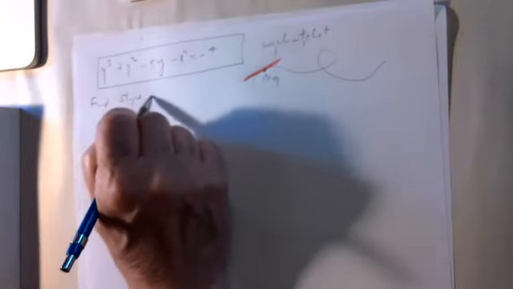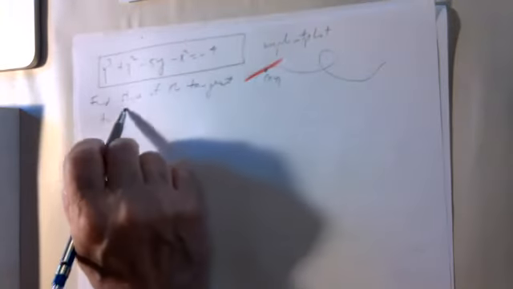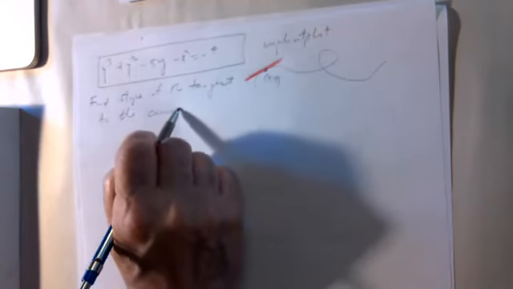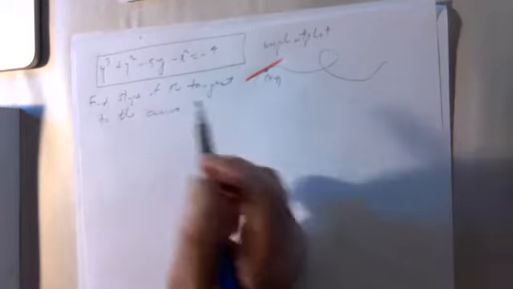So you have a point on this curve, and you want to find the slope of the tangent to the curve at a point on the curve.